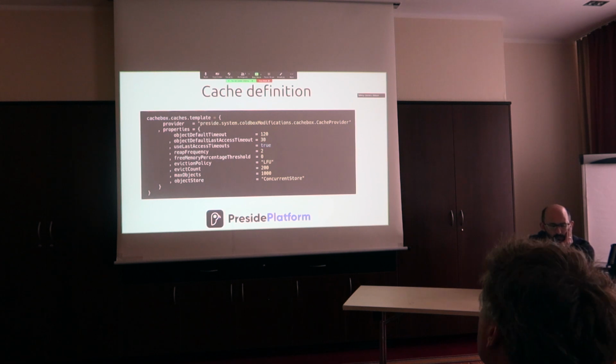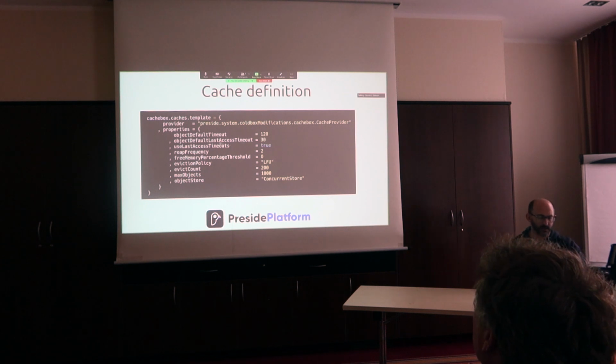So in this example, the properties for this one are: we're going to use the concurrent store, which is an in-memory store. The object default timeout is 120 seconds, minutes. There's the last access timeouts, whether those are used, read frequencies, eviction policies.